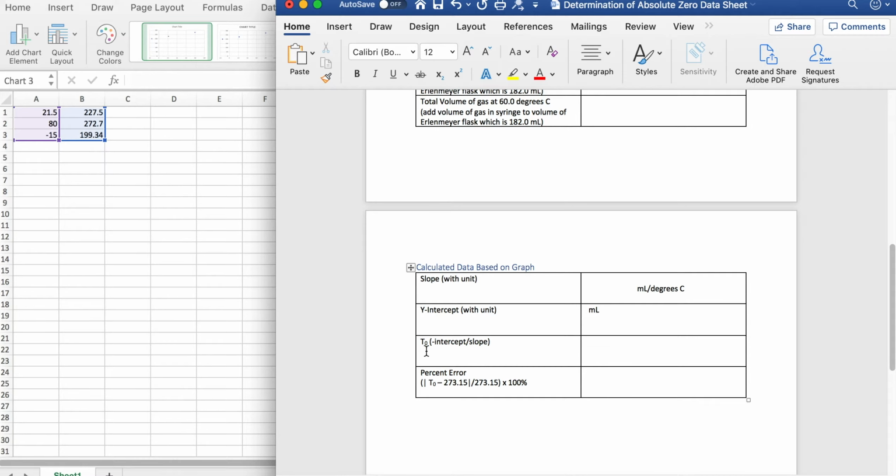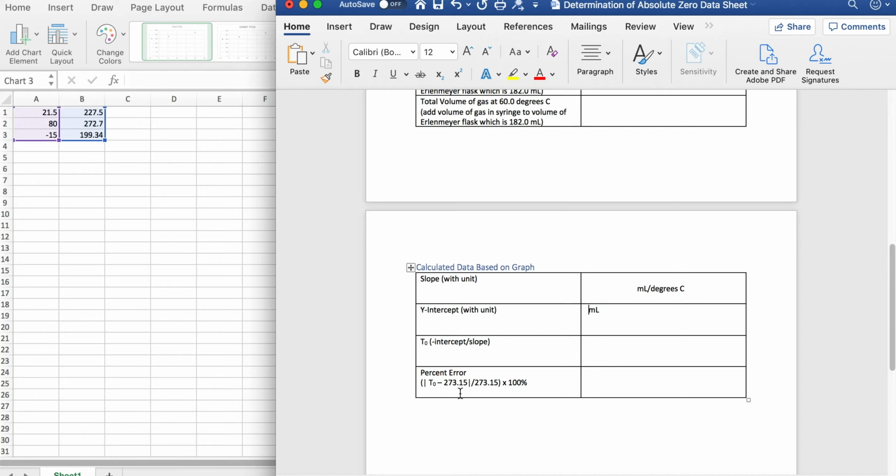Now, to get the actual temperature of absolute zero, you'll take this value, which is the y-intercept, divide it by this value, which is the slope, and that will give you a value in degrees Celsius. It also says a minus out the front though, so that will be a positive value that you'll get for here. You take the negative of that, and that will give you your T0, or the value at absolute zero.